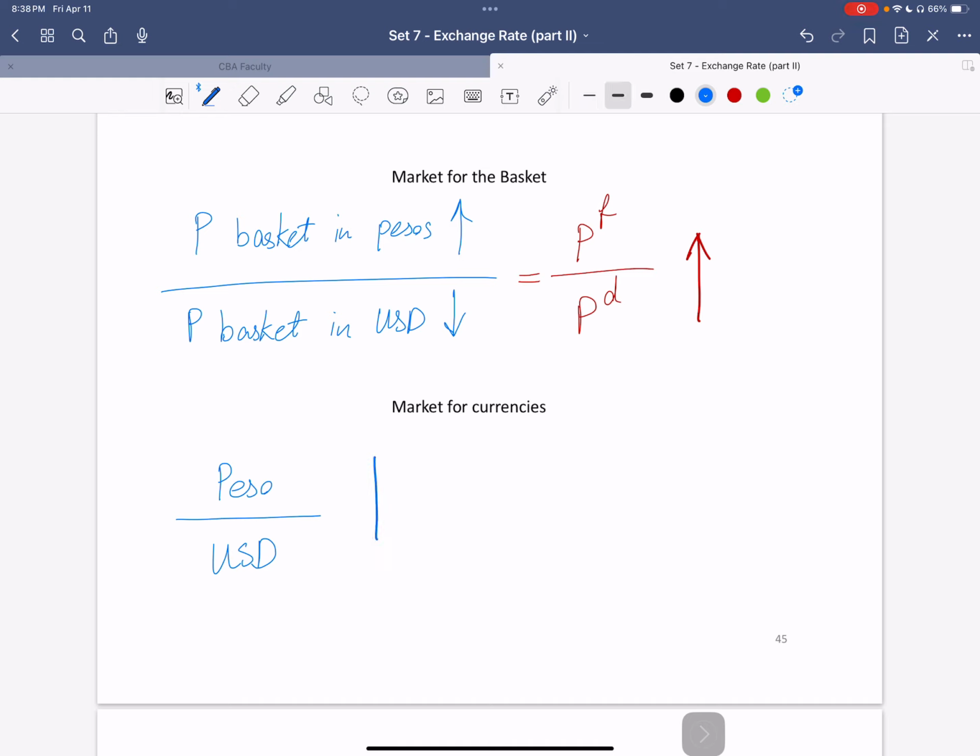This is exactly what purchasing power parity says. Purchasing power parity says that this level of the prices, the ratio of the level of the prices, should get closer to this nominal exchange rate. This is equal to nominal exchange rate, which is decreasing.